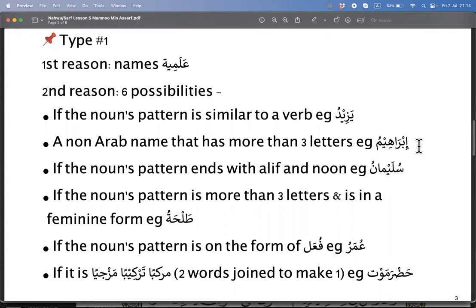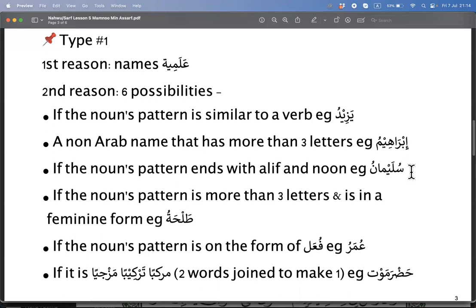Same thing for Jibril, right? Gabriel is the Latinized version of the original name. So most names in the Quran are going to fall under this category, like Ibrahim, a non-Arab name. Other names are ending with alif nun.